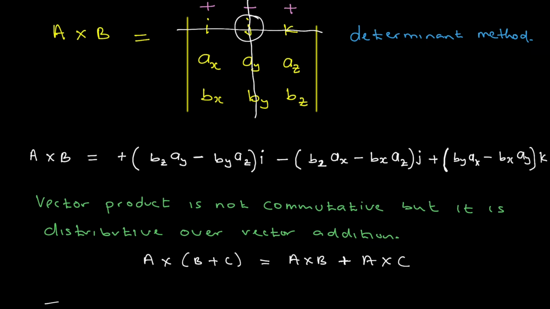What's left that we haven't covered, again diagonally, so you have to do that diagonal and diagonal: BZ times AX minus, it's always minus, BX times AZ. And then that's for j.